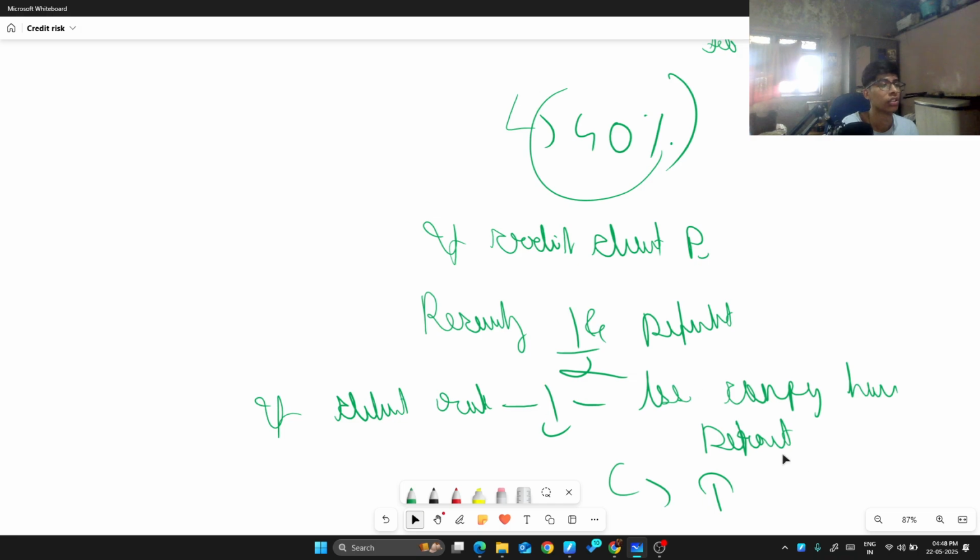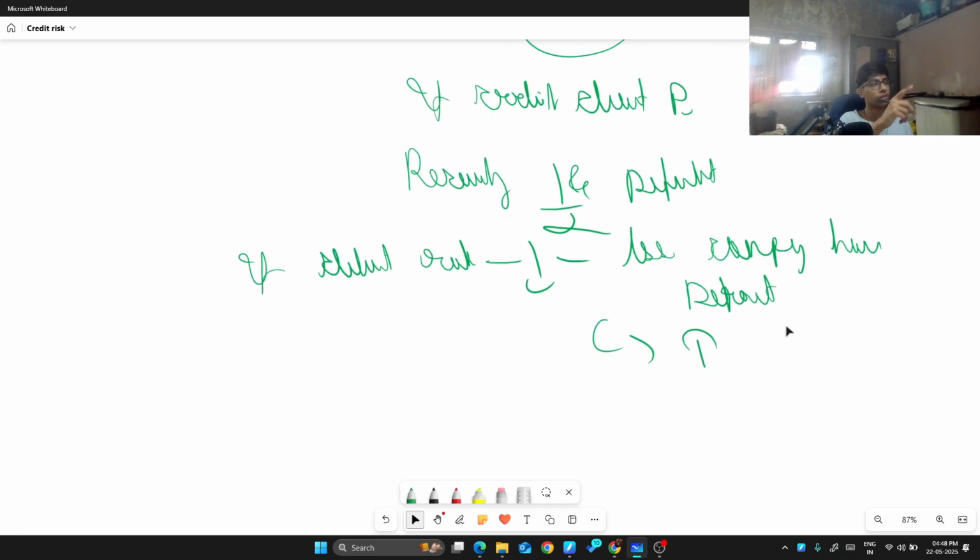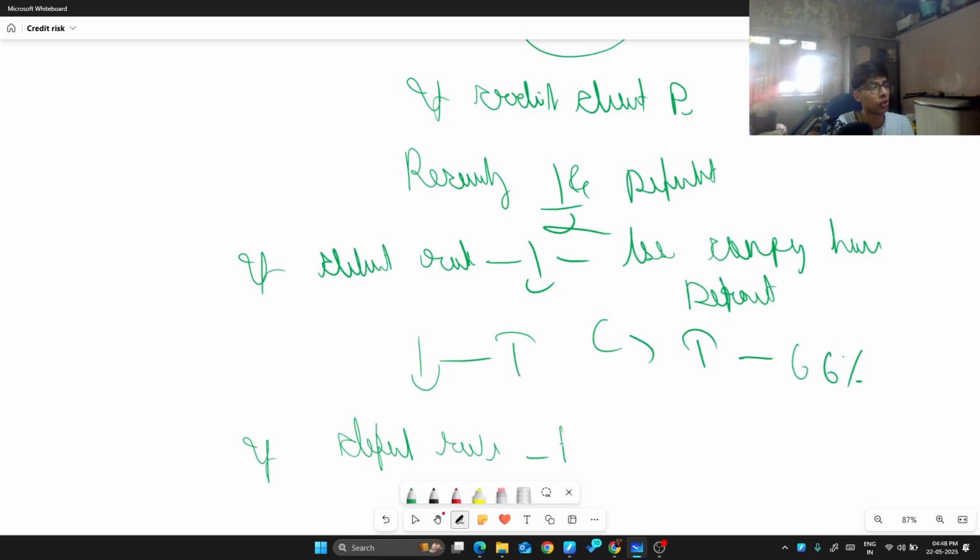If the default rate is less, then the recovery would be more, up to 60% also. And if the default rate is more, there would be a domino effect and the recovery rate would be low, and it can go down to 30% too. That's what I want to say.